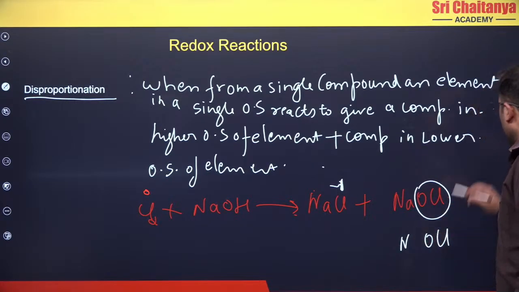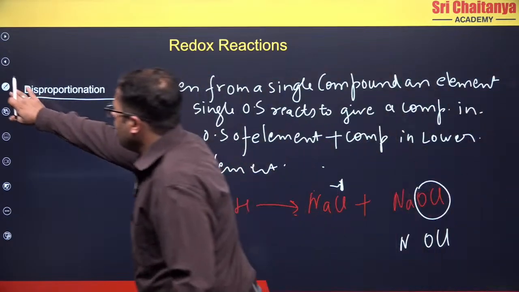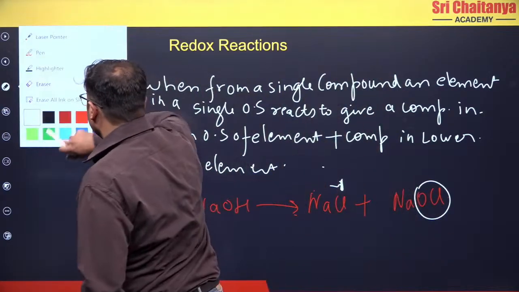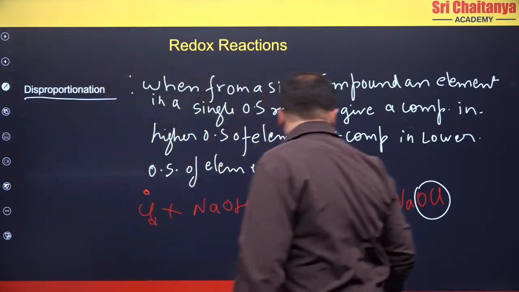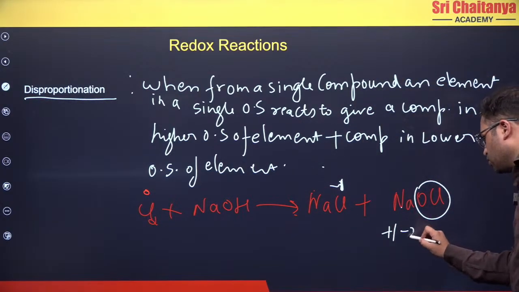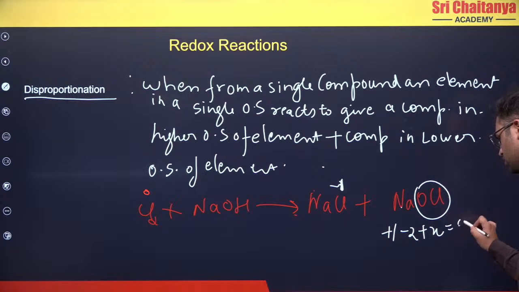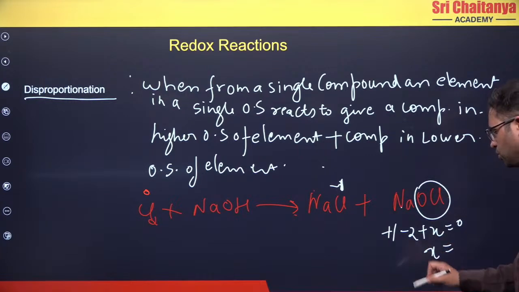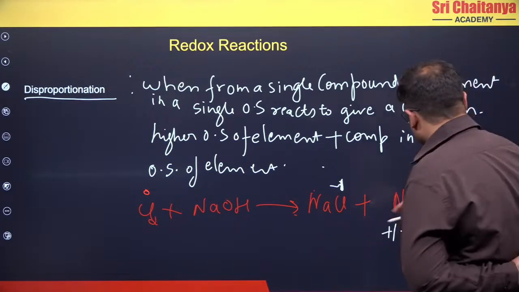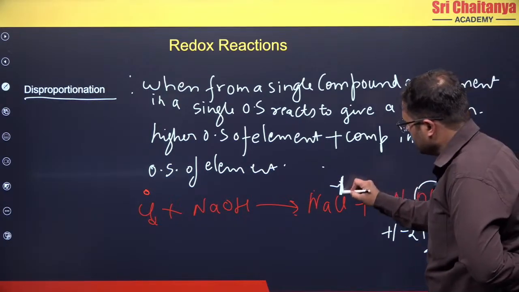Na plus. +1 here, -2 plus x, 0, x will be equal to +1. So here the oxidation state is +1. So understand what is happening here. This is -1, dears.